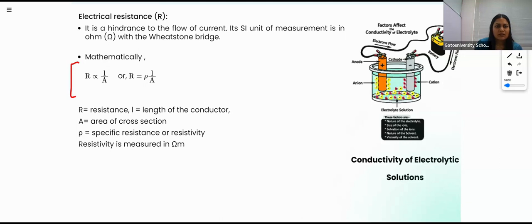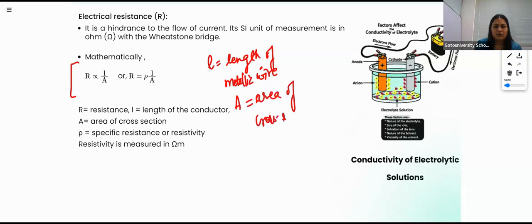Resistance is directly proportional to L by A, where L is the length of the wire, or say metallic wire, and A is the area of cross section. 1 ohm is equal to kilogram meter square upon Siemens cube to Farad square.